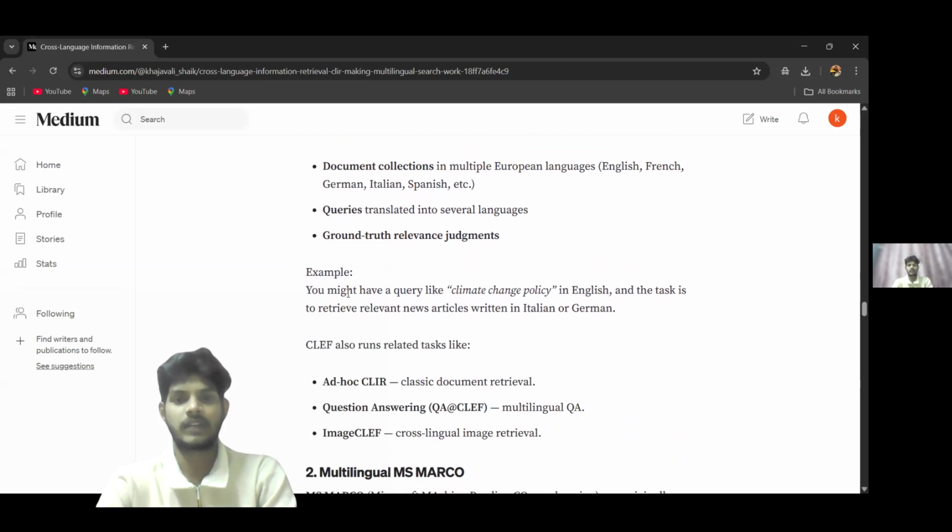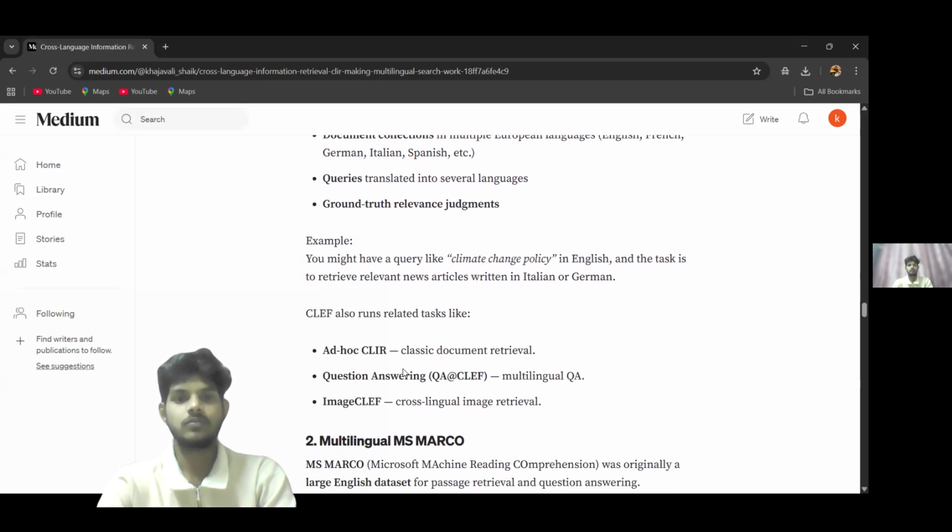You can see an example here. You might have a query like climate change policy in English, and the task is to retrieve the relevant news articles written in Italian or German.